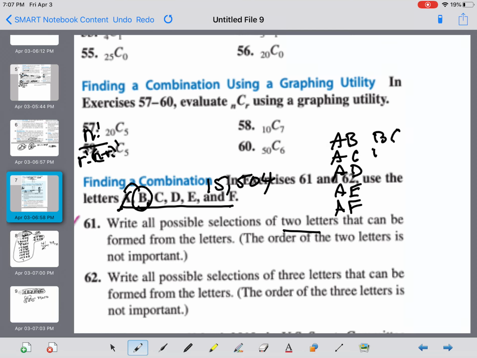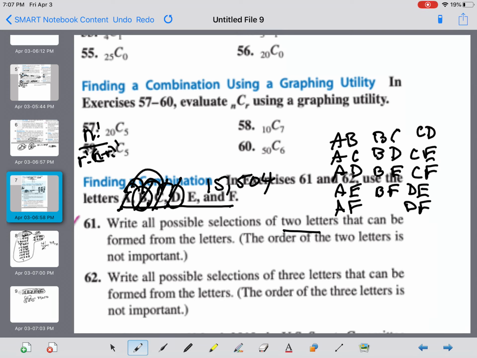So I'm going to group B with C, B with D, B with E, and B with F. Now C has already been grouped with A and B, so I'm going to have C with D, C with E, and C with F. D has been already grouped with these 3, so I'm going to have D with E and D with F. E has been already combined with all of these, so I need E with F. And then F has been combined with everybody. And we have 1, 2, 3, 4, 5, 6, 7, 8, 9, 10, 11, 12, 13, 14, 15.